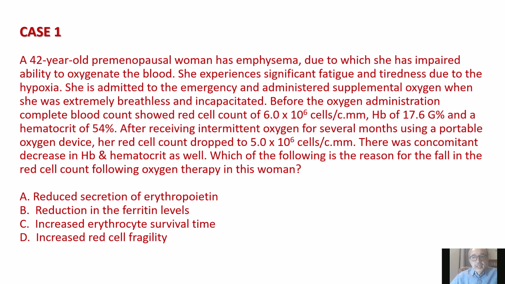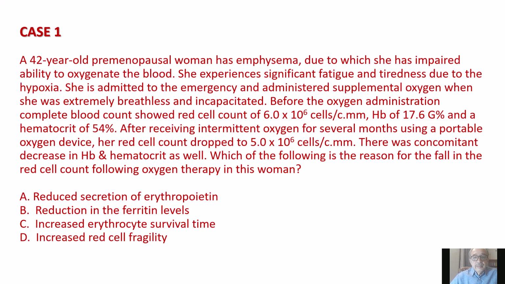So hypoxia stimulates, all of us know that hypoxia of any kind, tissue hypoxia, maybe hypoxic hypoxia or other types of hypoxia, reduces the oxygen tension in the tissues. Tissue hypoxia stimulates the kidney to secrete erythropoietin.